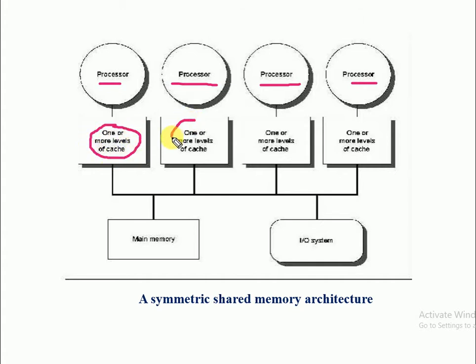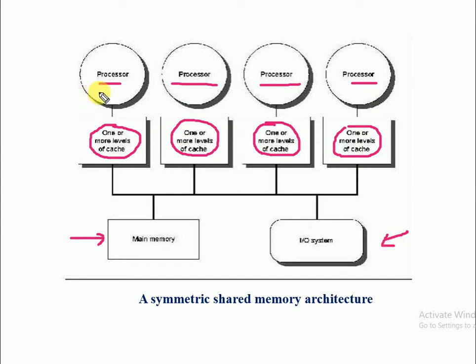Closer to the processor we are having some caches. That means a single cache or more levels of caches will be there, and from that it is connected to the main memory, and it is also connected to the IO system.